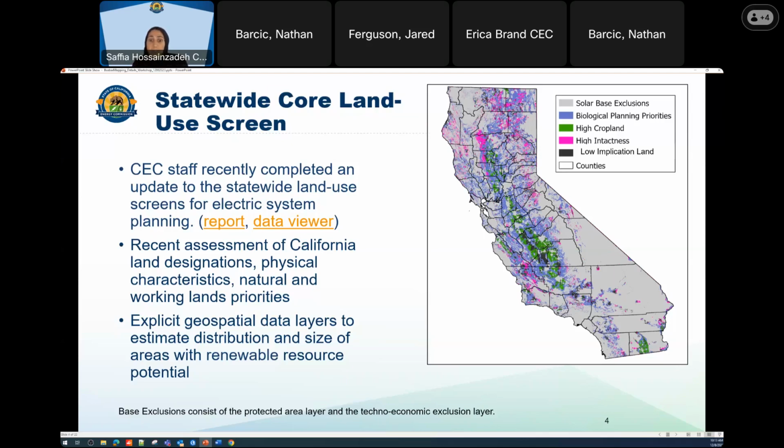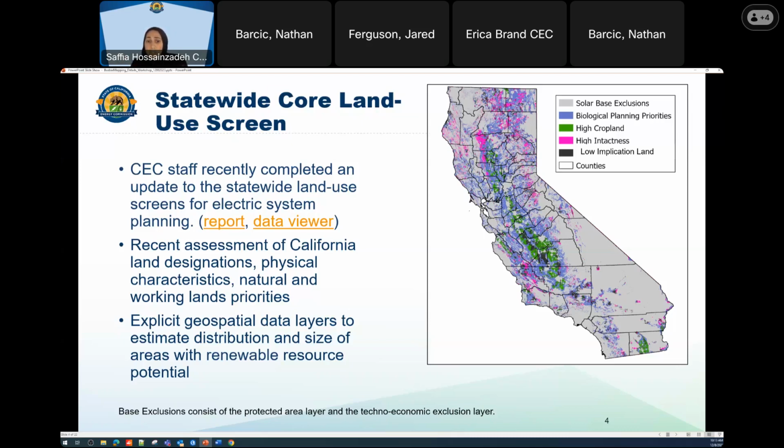These areas would be screened out in this land use screening process to provide a more reasonable estimate of the amount and statewide distribution of resource potential for modeling and planning efforts. This is referred to as the core land use screen, and it's shown here in this figure on the right for solar resources.